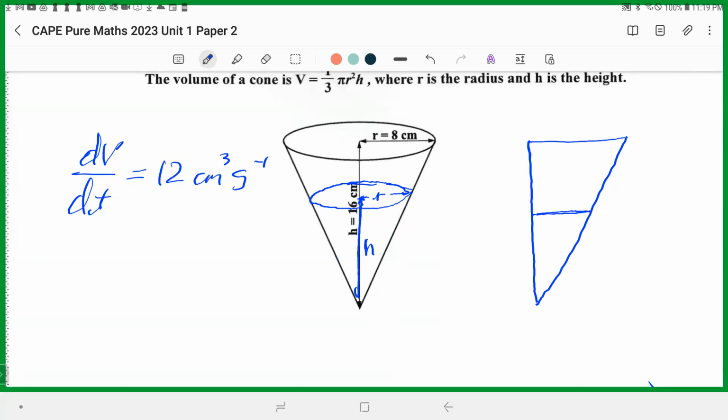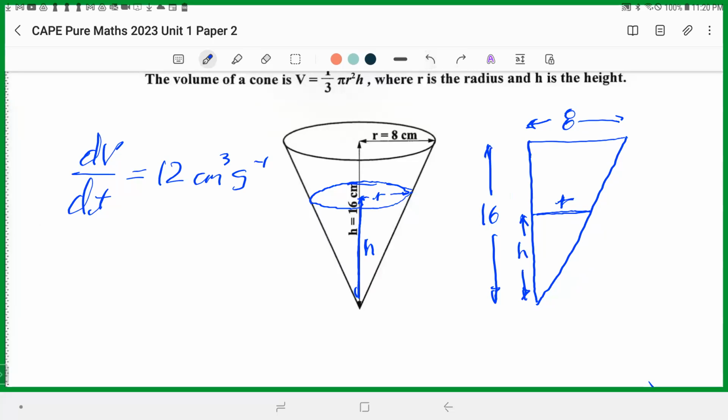The overall height is 16 up here, and over here is 8. Then this is our r and this is our h. Those are similar triangles. This triangle is similar to the big triangle.